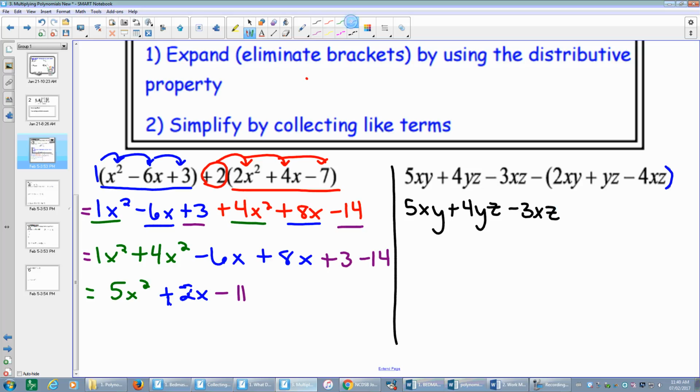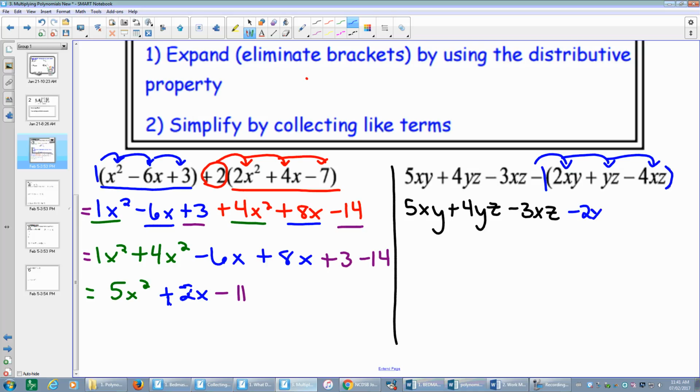Now, I do have a bracket here. There's no number, so what does that mean? The number 1. More specifically, it means the negative 1 because the negative sign is in front of that 1. So I'm going to take that negative 1 and multiply that inside the bracket. So what will I get?